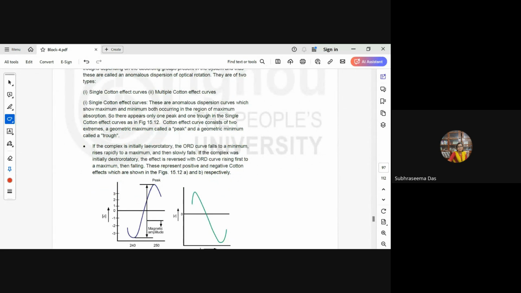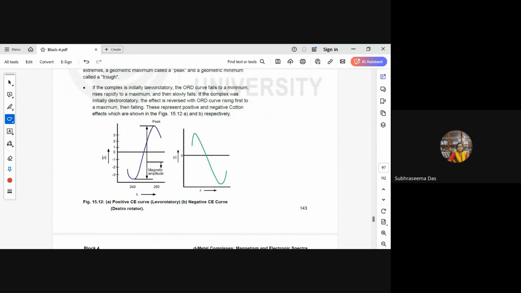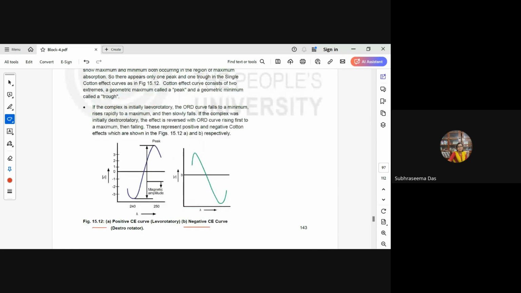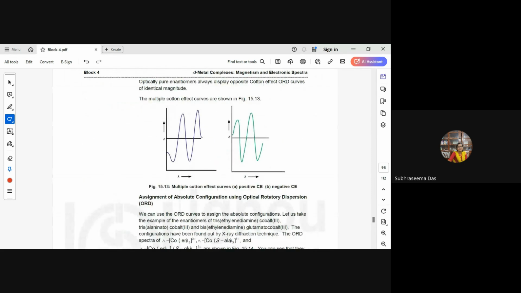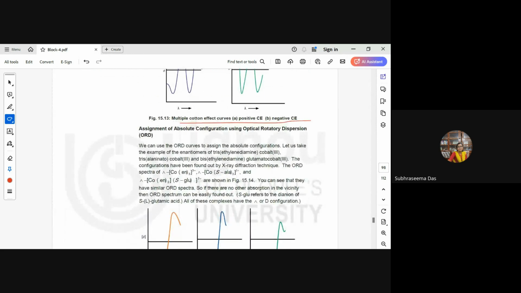Single Cotton effect curves show maximum and minimum both occurring in the region of maximum absorption. Here in figure 15.12a it is a positive Cotton effect curve, and in 15.12b it is a negative Cotton effect curve. In figure 15.13 we see multiple Cotton effect curves, here a positive one, and in figure b, a negative one.